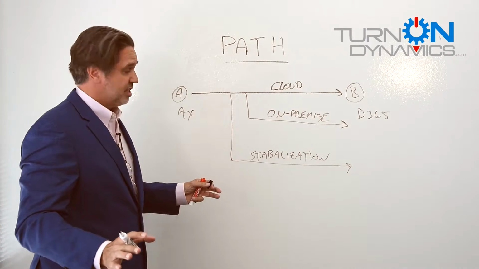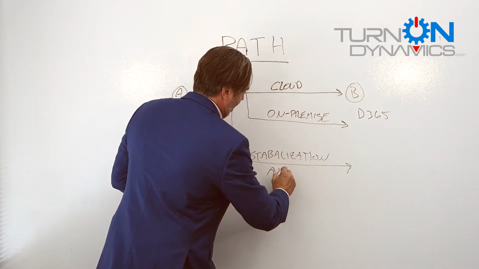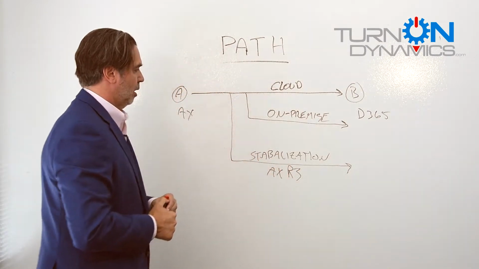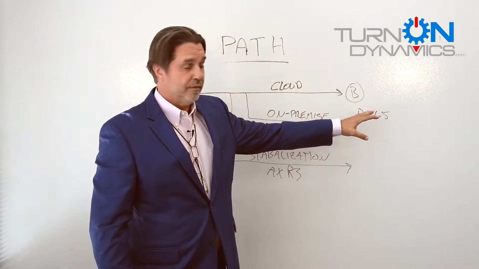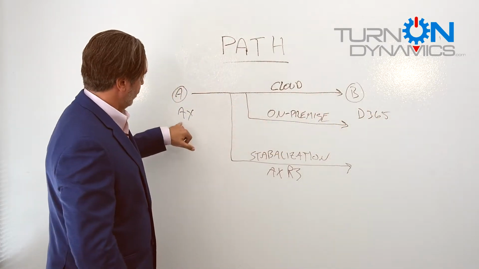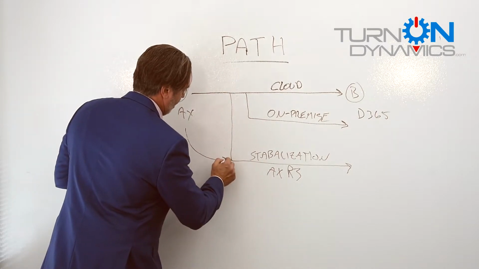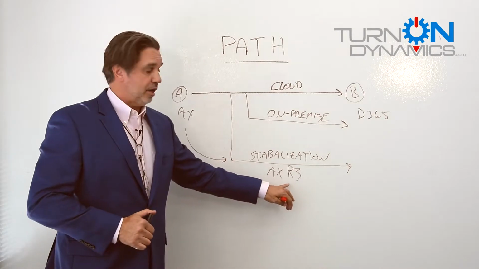What they decided to do instead was stabilize on the latest and greatest version of AX, which is AX R3. So the decision was not to upgrade at all to D365, but rather to upgrade their current version of AX and stabilize it on the latest and greatest version of AX, which is R3.